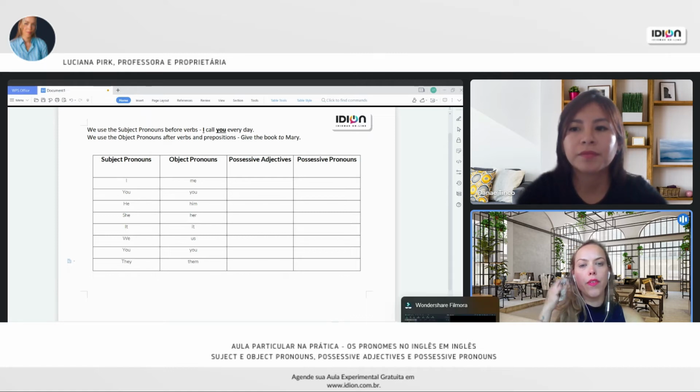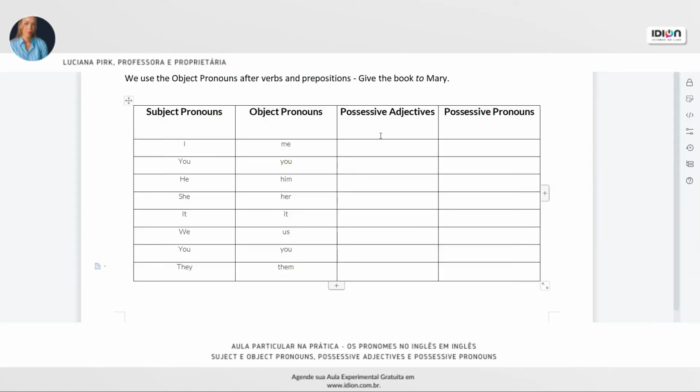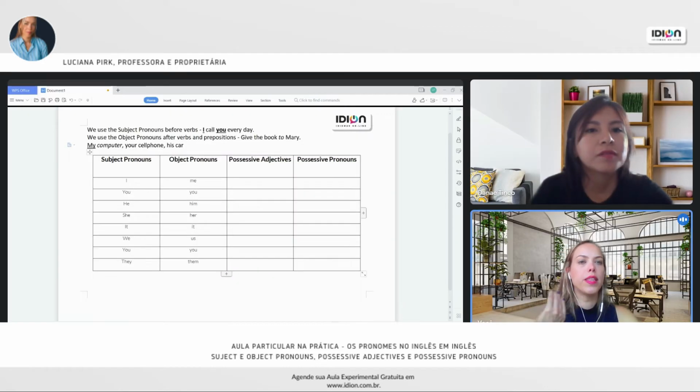So this is the type of adjective that lets us know who the owner of something is, and that's why it's called an adjective: it shows us the possession, but also it comes before the noun. So we say, for example, my computer, your cell phone, his car. So it's always first the possessive, and then what we are talking about. Always before it.